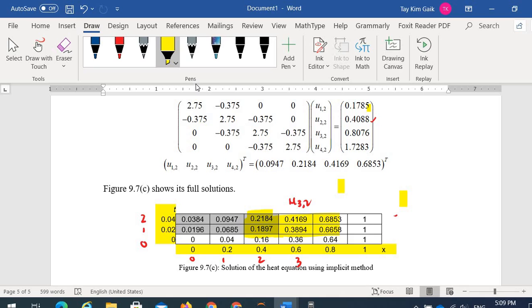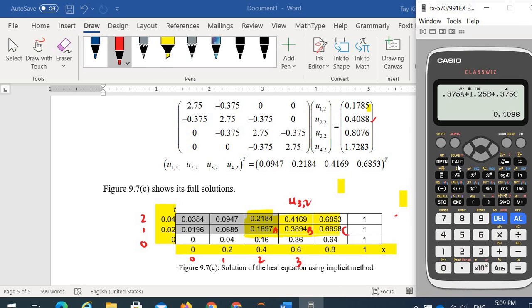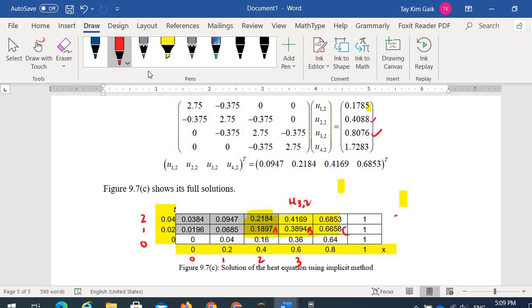Third time, the center top is U32. And then your ABC values, this is A, this is B, this is C. So calculate again. A now is 0.1897. Okay, B is 0.3894. C is 0.6658. So you get 0.8076.